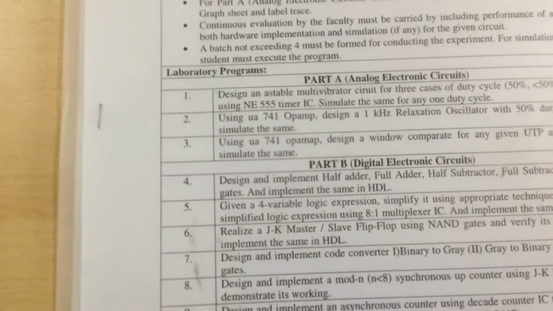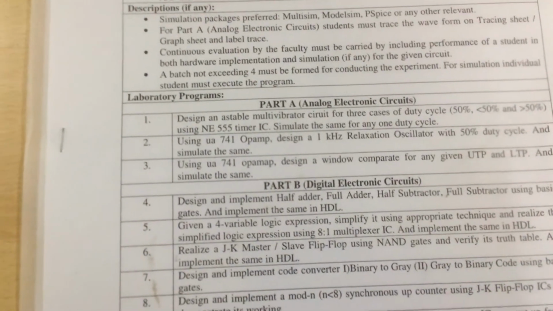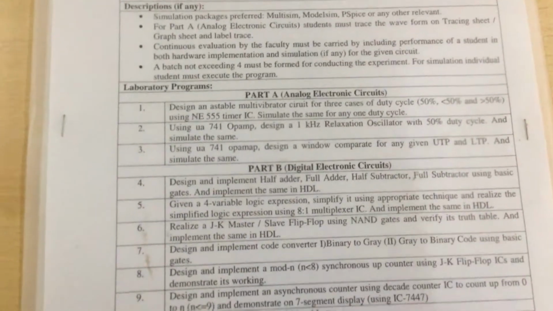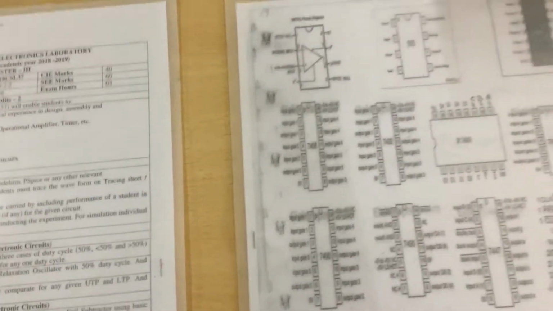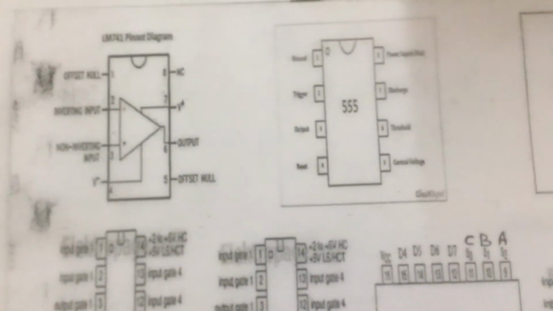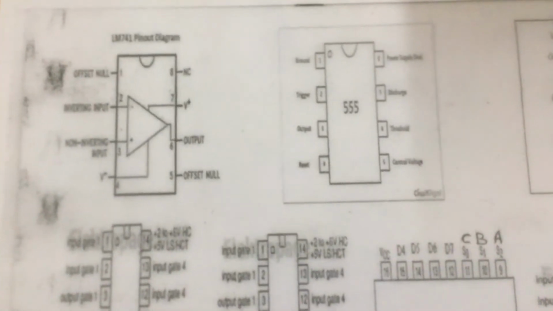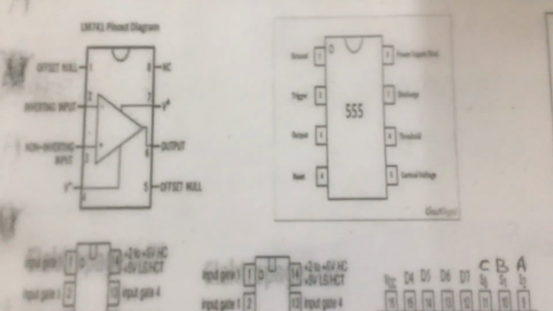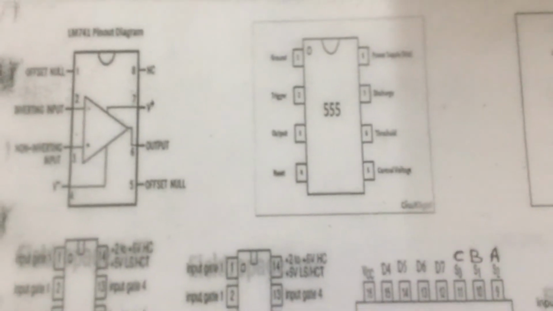So for the first experiment in part A, we are going to design an astable multivibrator circuit using 555 IC. For this experiment, first you need to design the circuit and calculate the values of the resistance and capacitance, and the pin diagram of the main IC must be known as a prerequisite.